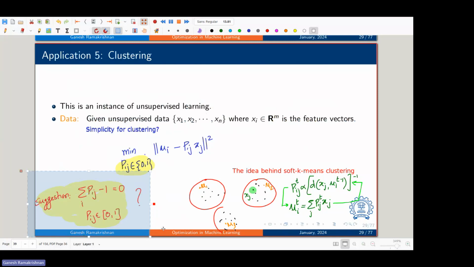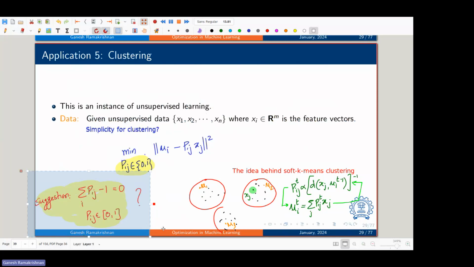So Pij could come from either 1 or 2. You could have also more options. What are other options? We want the mu's to be far away. By the way, is 1 sufficient or do you need 1 plus 2? 2 can exist by itself, but don't you need one more constraint here?